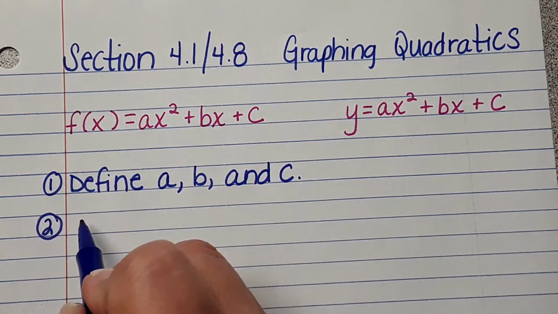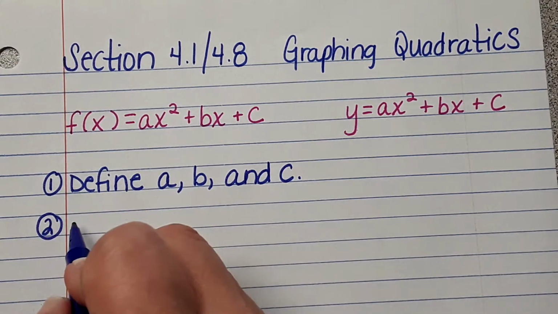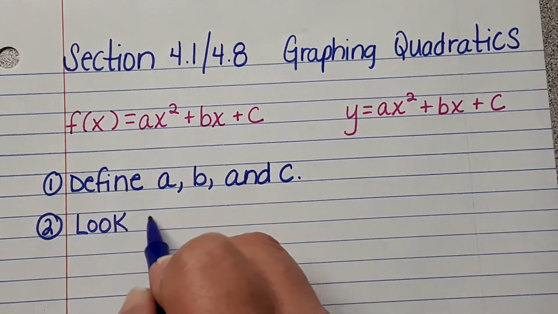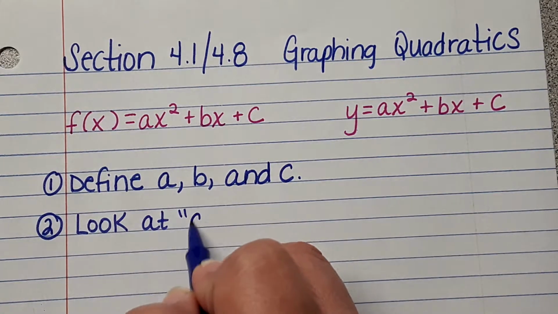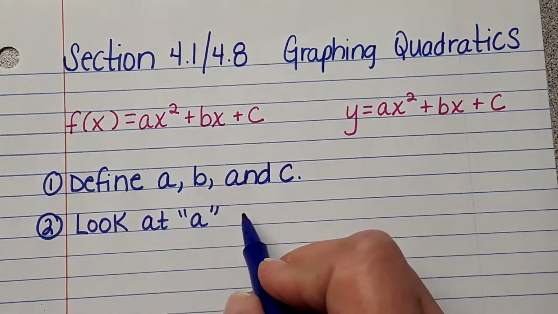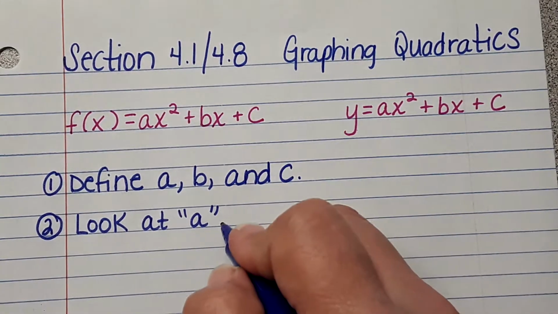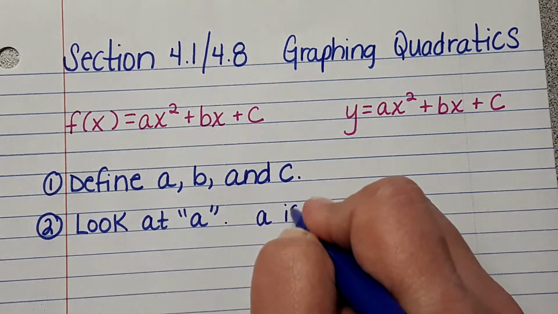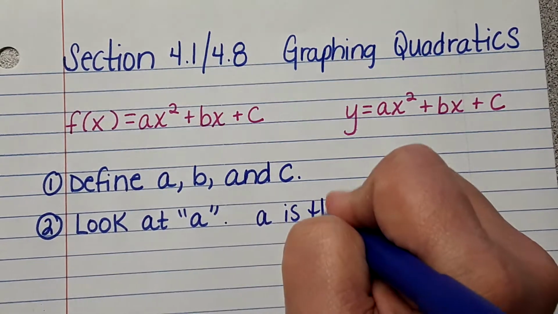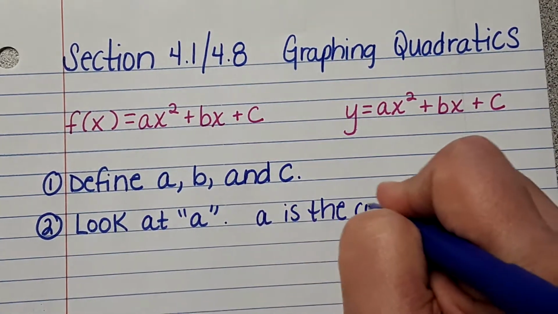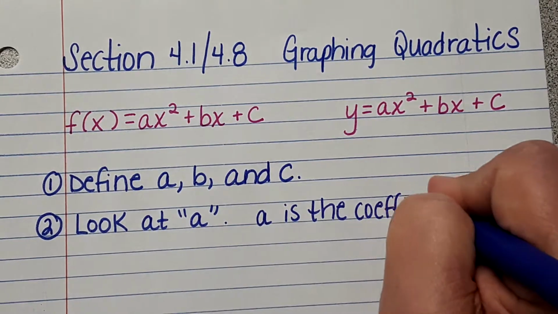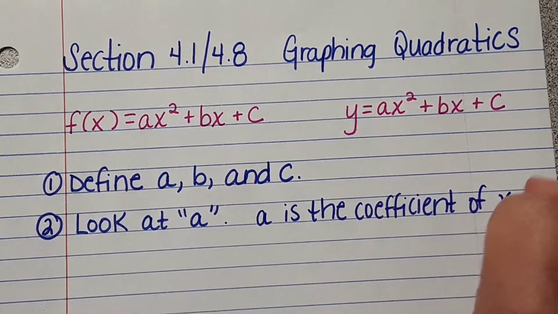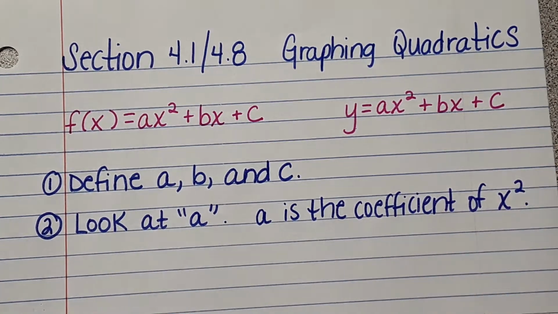Now, number 2. What we need to do is look at A. And the thing that you need to remember is that A is the coefficient of x squared. That's not going to change.